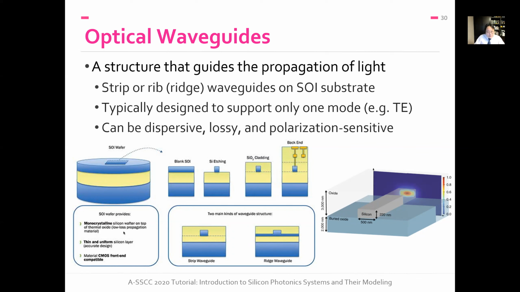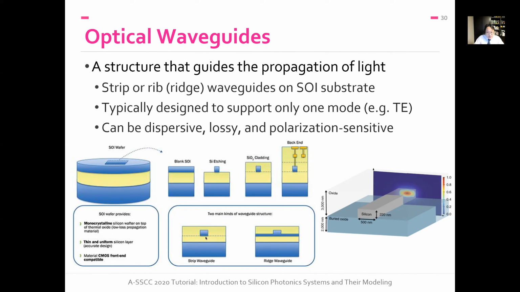The main reason is that by having this oxide layer underneath the silicon top, you can easily build a silicon-based wire that is totally surrounded by the oxide, right? So by doing this, you can basically build a fiber. This is how you build a fiber.